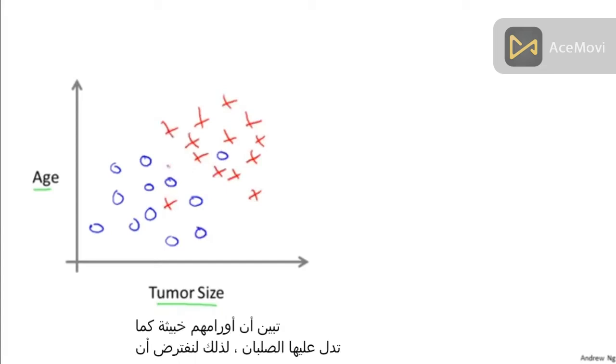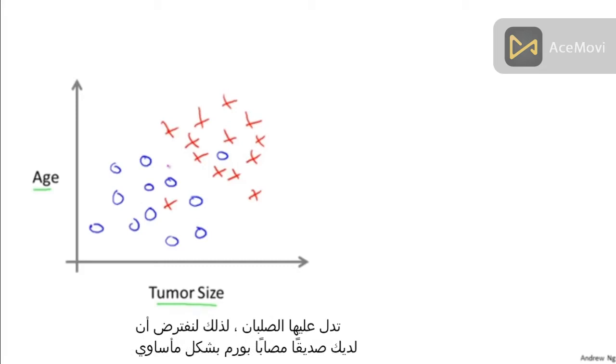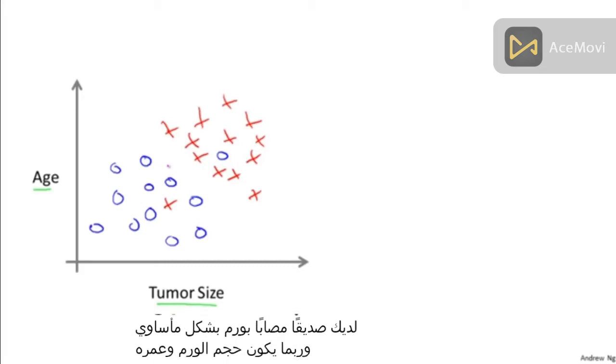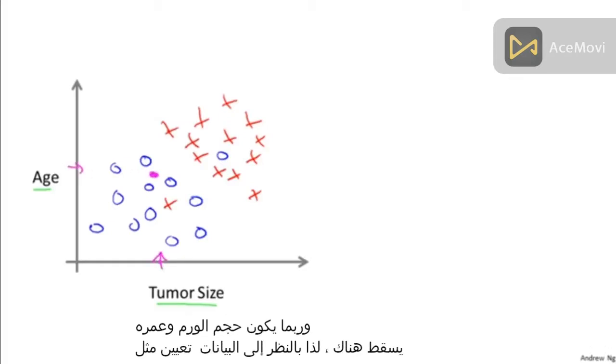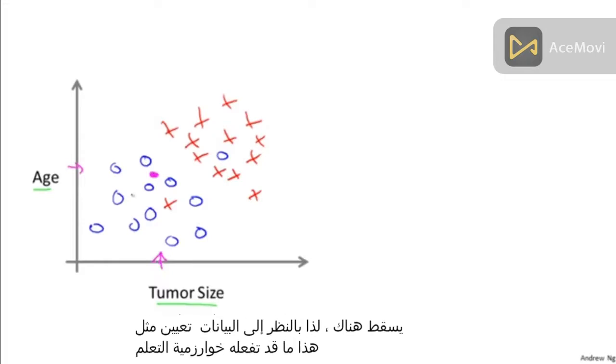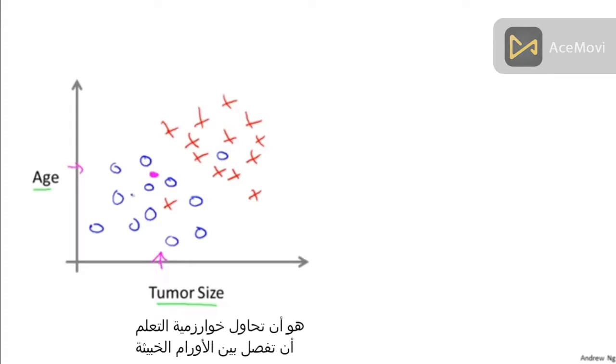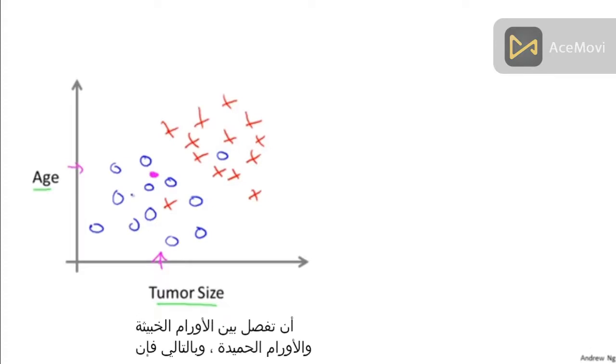So let's say you have a friend who tragically has a tumor, and maybe their tumor size and age falls around there. So given a data set like this, what the learning algorithm may do is fit a straight line to the data to try to separate out the malignant tumors from the benign ones.